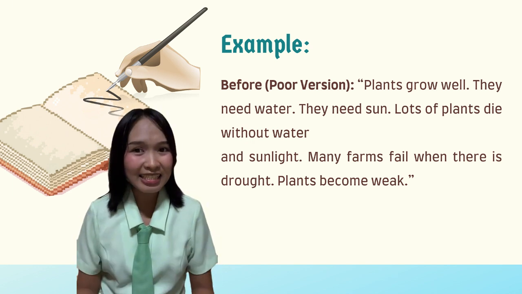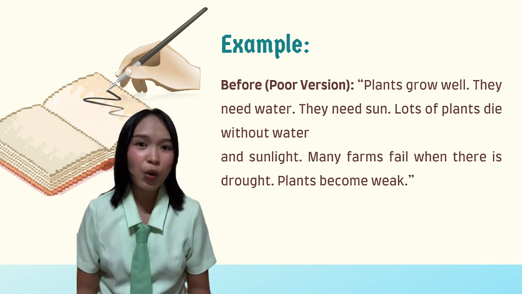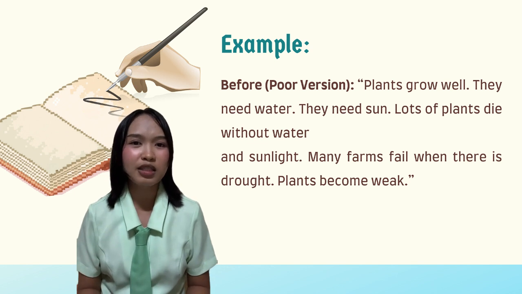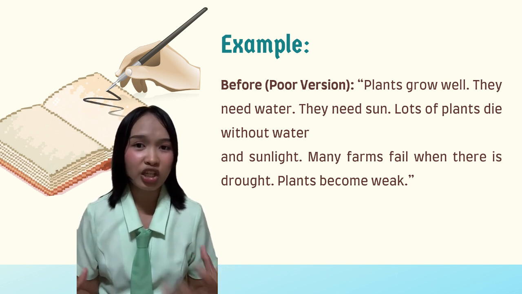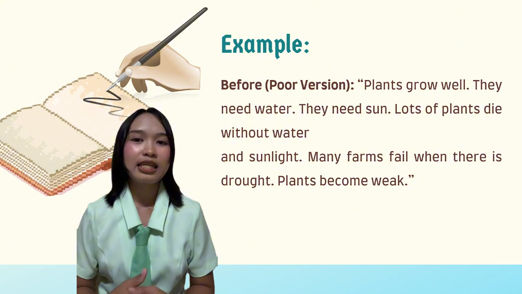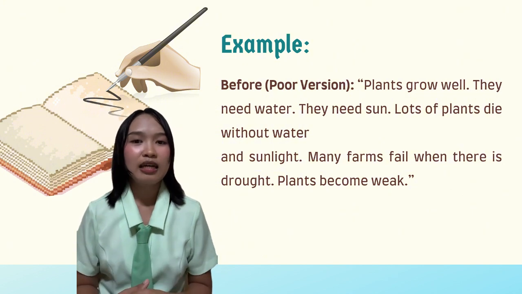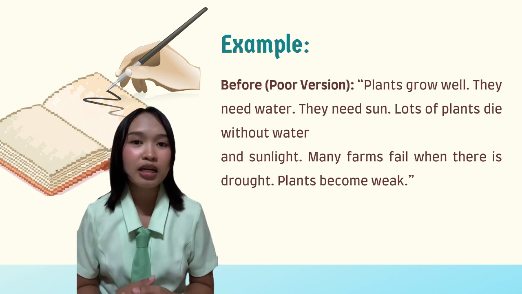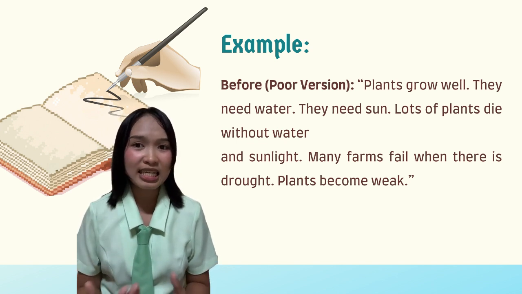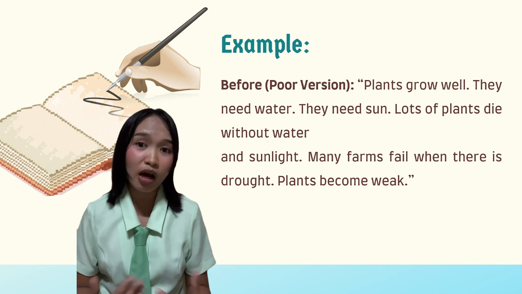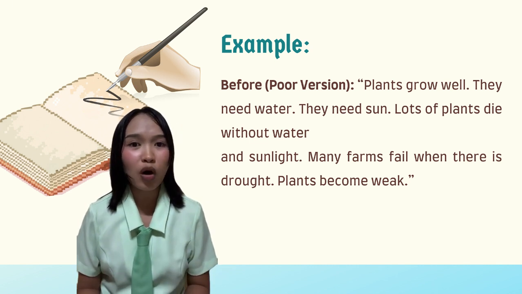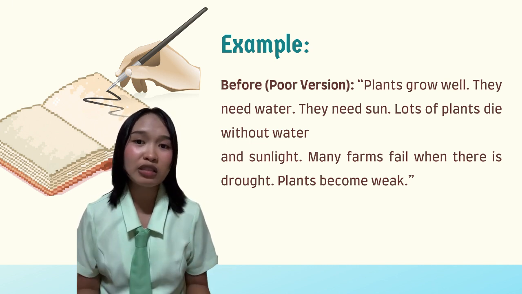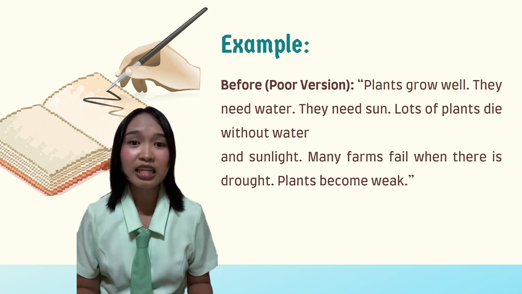Now, by analyzing this paragraph thoroughly, we can really see the problems. Diction is general: plants, things they need, many farms, and no transitions at all. Ideas are abrupt and disconnected. Sentence structure is monotonous, simple sentences only, and the paragraph sounds choppy and unengaging.